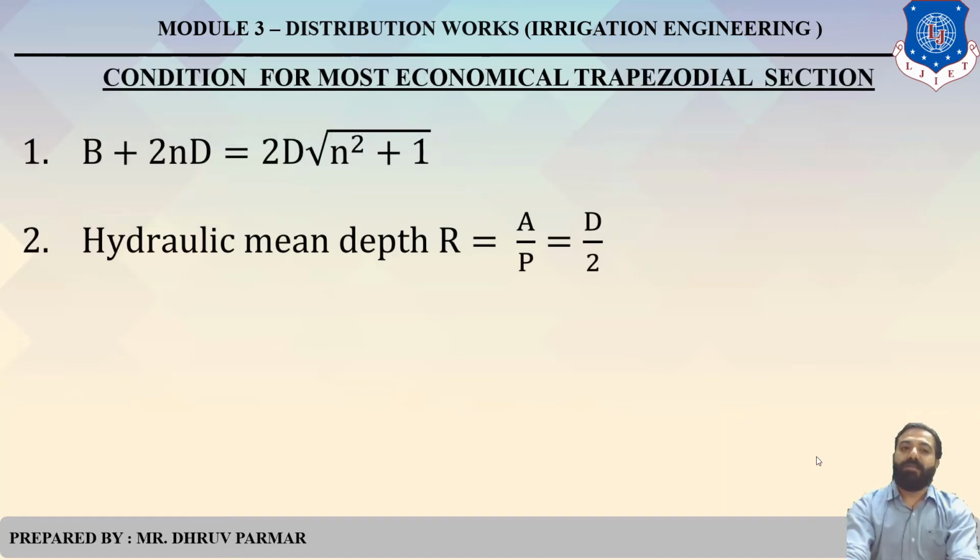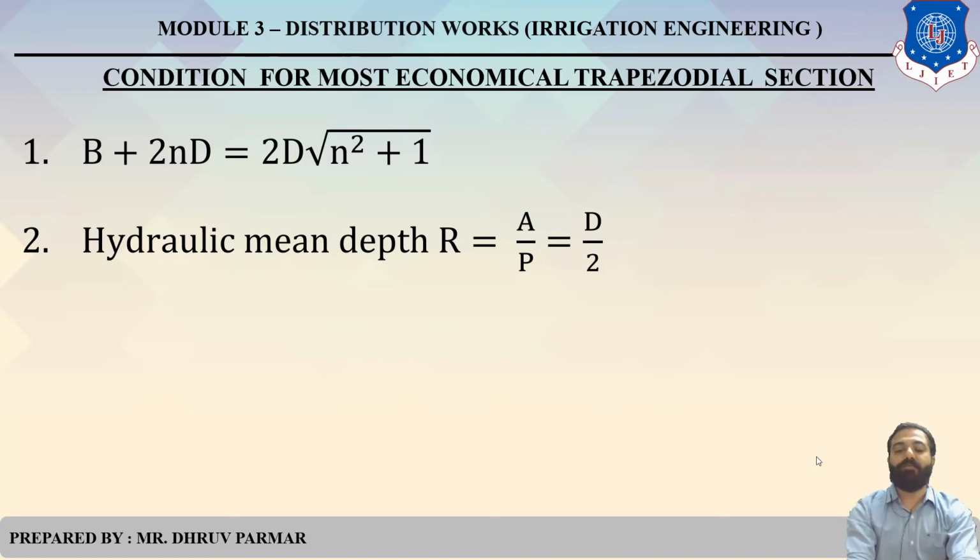These are the conditions for the most economical trapezoidal section. First condition: B plus 2ND equals 2D under root N square plus 1. And the hydraulic mean depth R equals A by P equals D by 2. Clear? This is already proven in fluid mechanics and hydraulics. Please remember, or see the video on the most economical trapezoidal section.